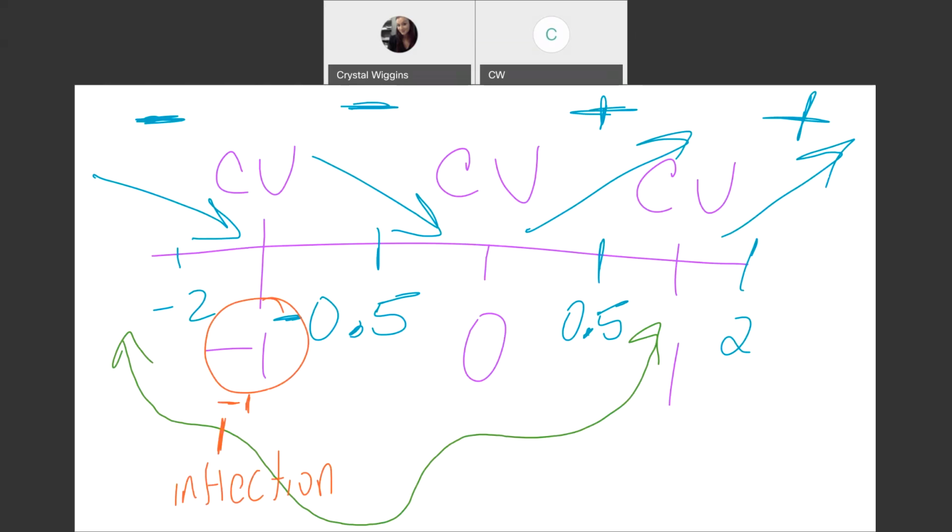That says inflection, even though my handwriting is horrible. And here, my picture is horrible too, but there is an inflection point at +1. Okay, this is also an inflection point. Let's just abbreviate it IP. Okay, IP, inflection point. The only one that is a max or a min is the critical value of 0.